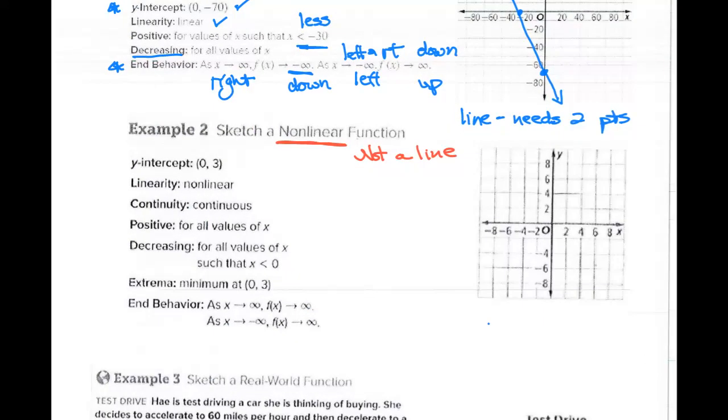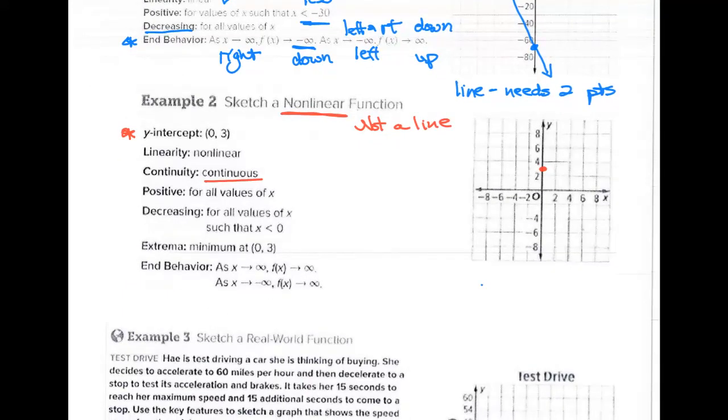All right, so here we go. Y-intercept, very important, on the y-axis. 0, 3. Oh, wait a minute, I don't have a 3 there. So you need to mark it in between the 2 and the 4. Okay, there's that. It is continuous. Okay, so that means you're going to have arrows on the ends. It's positive for all values of x, decreasing for all values of x where x is less than 0.